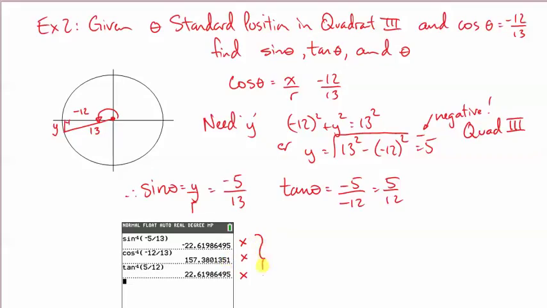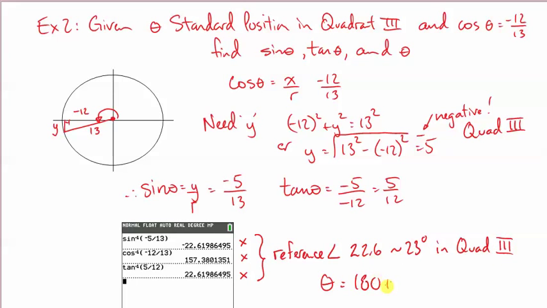What I need to do with this information is recognize that they're telling me in their way that the reference angle is 22.6 or 23 degrees, but it's in quadrant 3. So theta is 180 plus 23 or 203 degrees, and your calculator does not provide that answer.